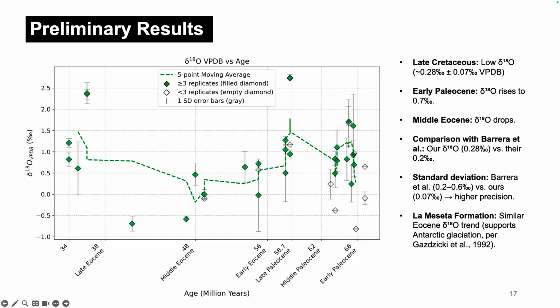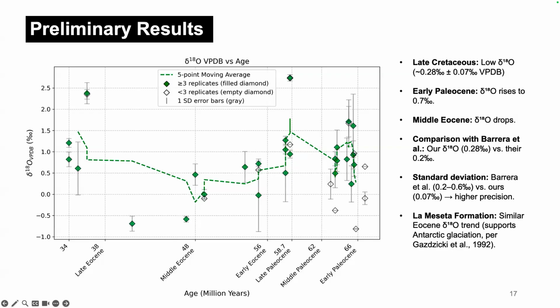These findings align with Barrera et al., who reported delta 18O values of 0.2 per mil, whereas we found 0.28 per mil. They also documented a standard deviation between 0.2 and 0.6 per mil, while we reported 0.07 per mil, indicating a significant reduction.